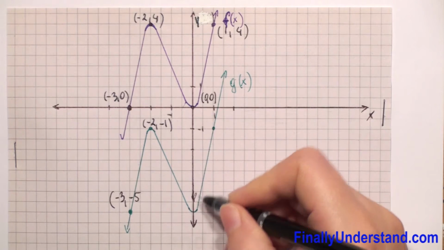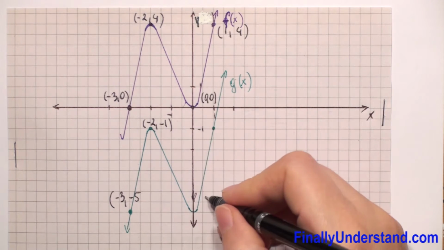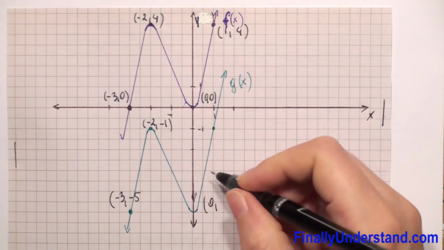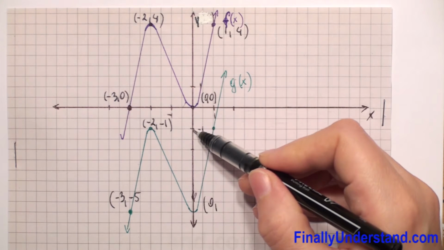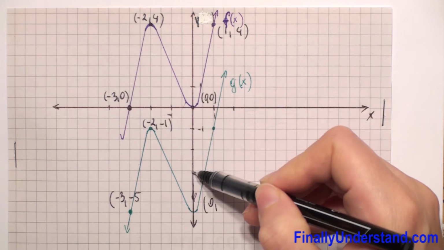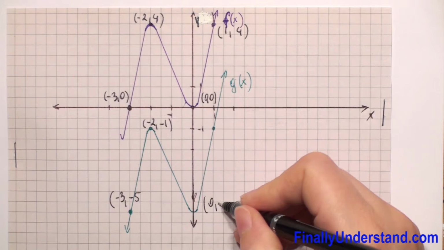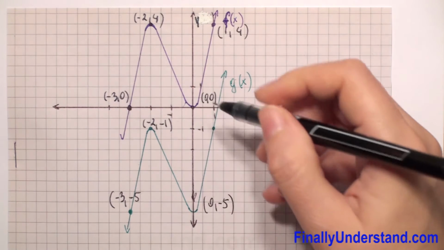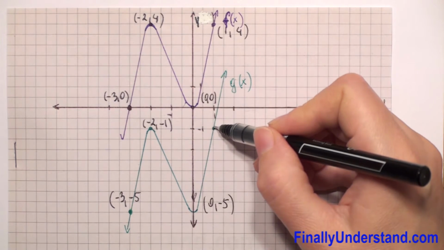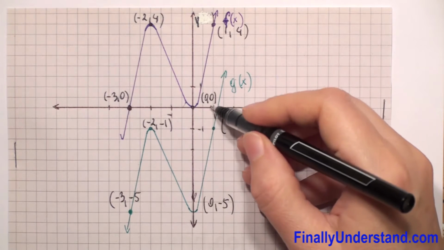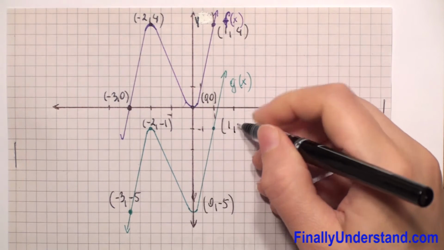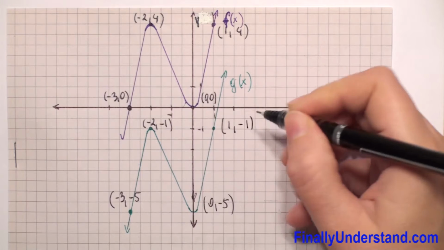That point is 0 and the second coordinate is -5. And this point has coordinates 1 and -1.